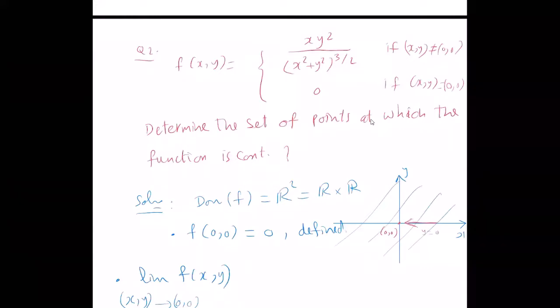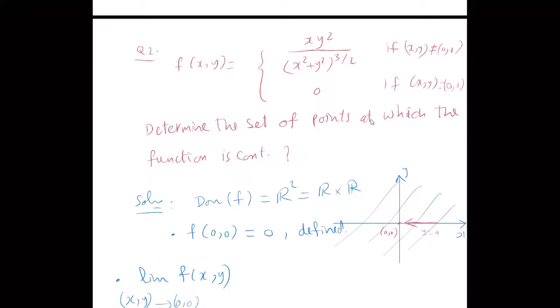When y is 0, you put y = 0 here, so you get the numerator 0, and the denominator is x cubed. So when x tends to 0, and the numerator is 0, we have no result. It's an undetermined quantity.